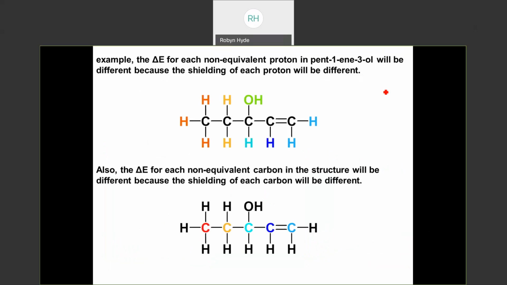Let's go ahead and look at my example. So here is my example chemical I want us to think about. So it's an alkene, so I have a double bond, and I have an alcohol. Where do I have electronegative character? Yeah, so it's the oxygen.